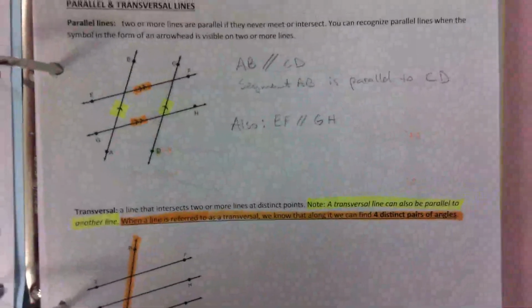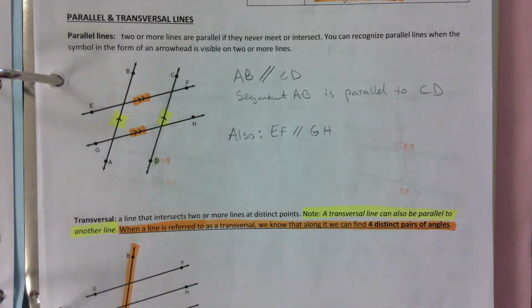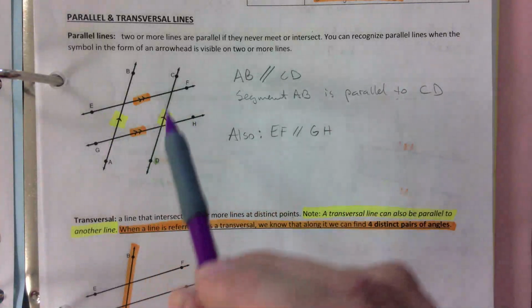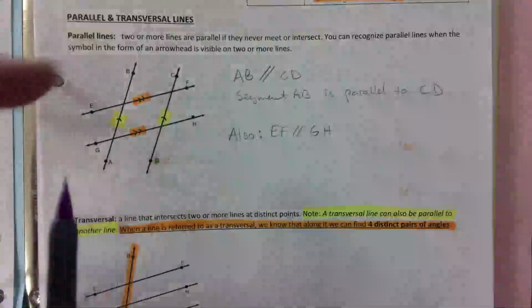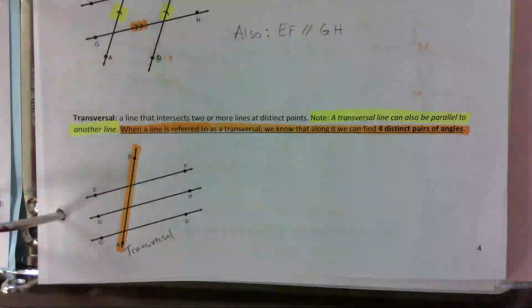We talked about parallel lines. The joke here is it's too bad that parallel lines have so much in common but they'll never meet, right? That's the joke there. But parallel lines never meet. They go alongside. And then there's something we call the transversal.